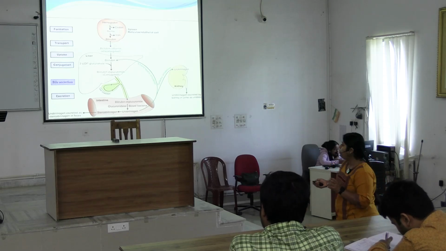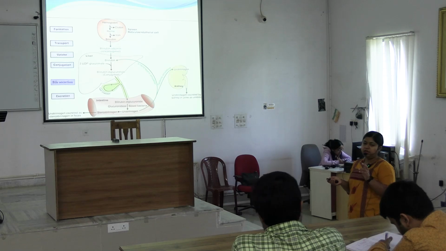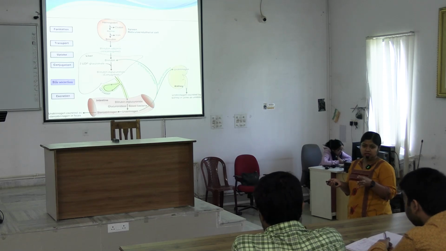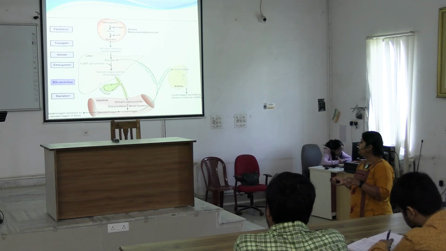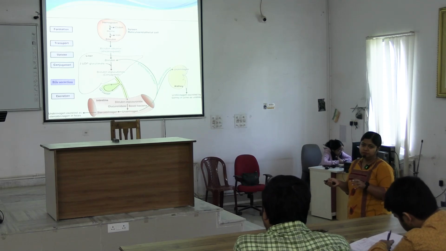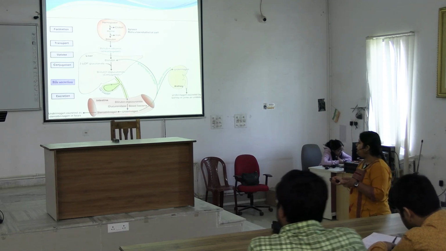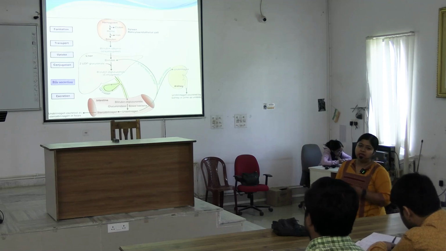Urobilinogen is colorless, stercobilinogen is also colorless, but when they come in contact with air and are oxidized, they are converted into urobilin and stercobilin. Stercobilin gives the brown color to the stool, and urobilin gives the urine a pale yellow color.